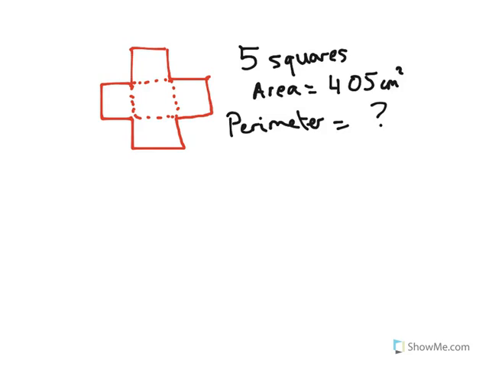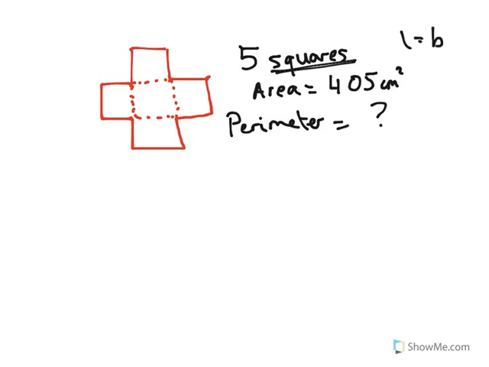Right, let's assume that we're trying to make a box for these chocolates then. And it's made of 5 squares. This is how you cut it out on a piece of paper, and you're going to fold up all the 4 corners and turn it into a box. And what do you know? They're all squares, so the length equals the breadth.